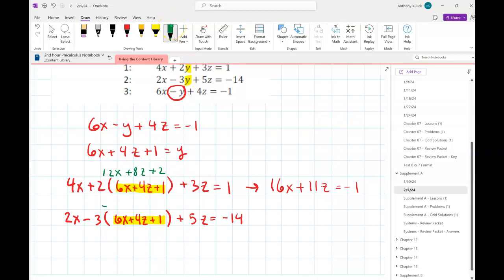I'll distribute the negative 3 through. And when I combine like terms, 2x and negative 18x is negative 16x. Negative 12z and 5z is negative 7z. And then I'll add that 3 over to the other side. There.